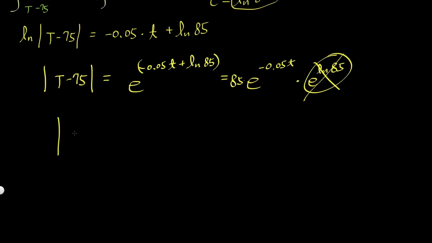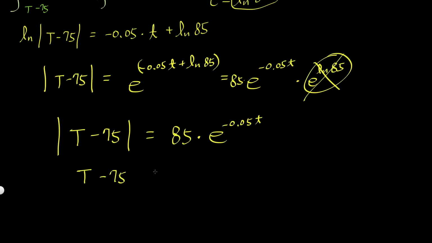So we have absolute value of temperature minus 75 is going to be 85 times e to the negative 0.05 little t. Now let's get rid of the absolute value by saying T minus 75 is going to be plus or minus 85 times e to the negative 0.05 t.